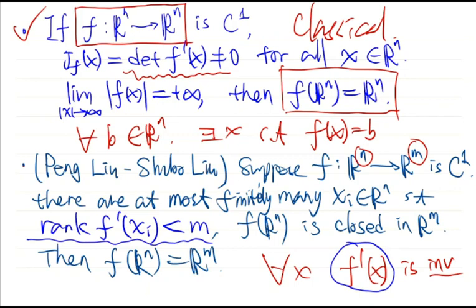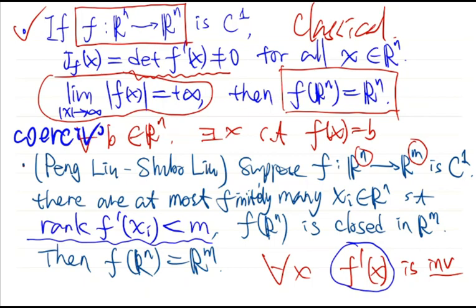Thirdly, the classical result requires that the map is coercive, meaning that when x goes to infinity, the norm of f(x) also goes to positive infinity. This is called coercive.